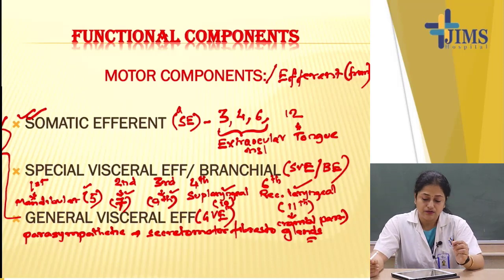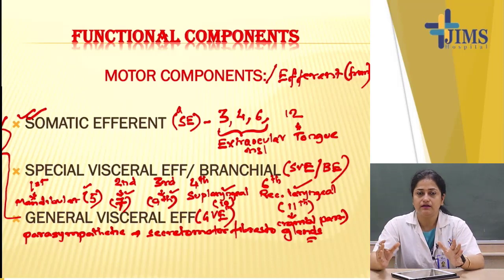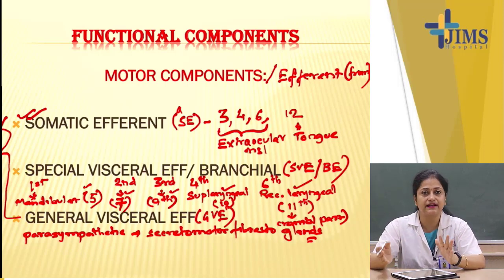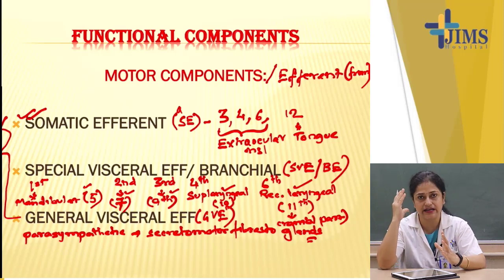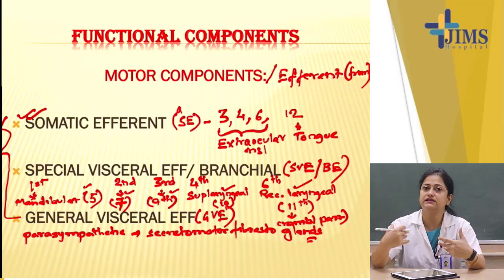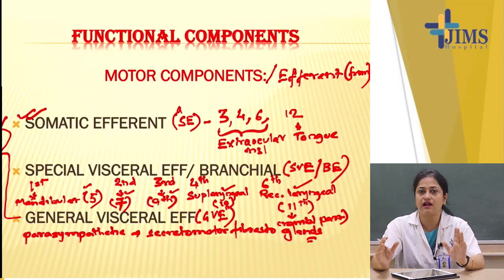Okay? So, we know there are two systems in our body. The autonomic nervous system has two parts, one is the sympathetic, another is the parasympathetic. Now, the parasympathetic has a portion coming from the cranial part, called the cranial outflow, and another in the sacral region, so the parasympathetic system has craniosacral outflow.